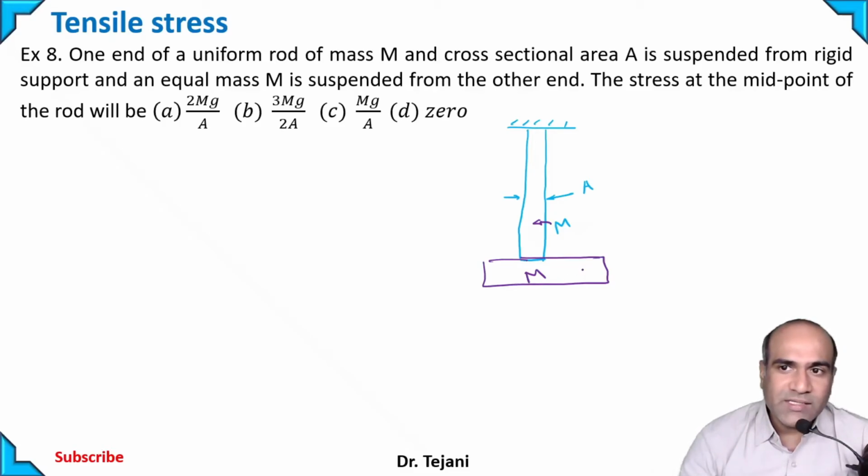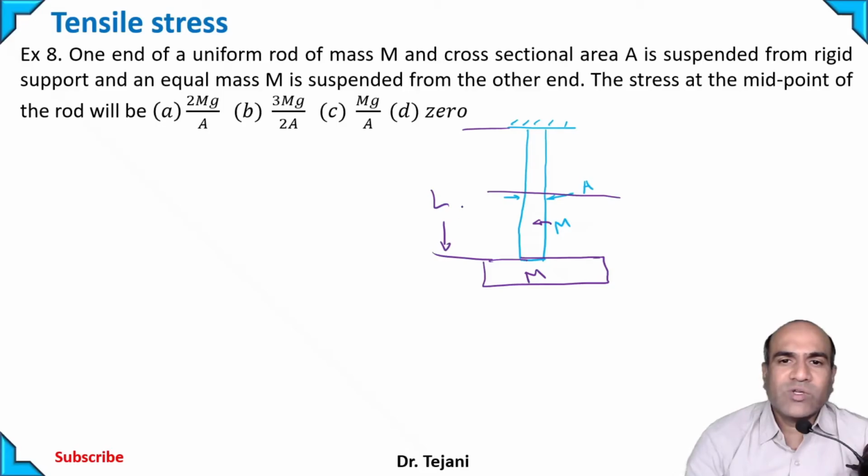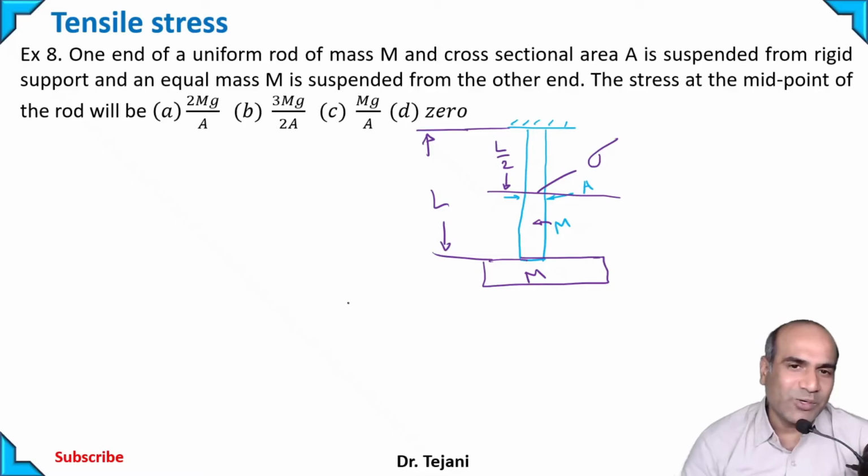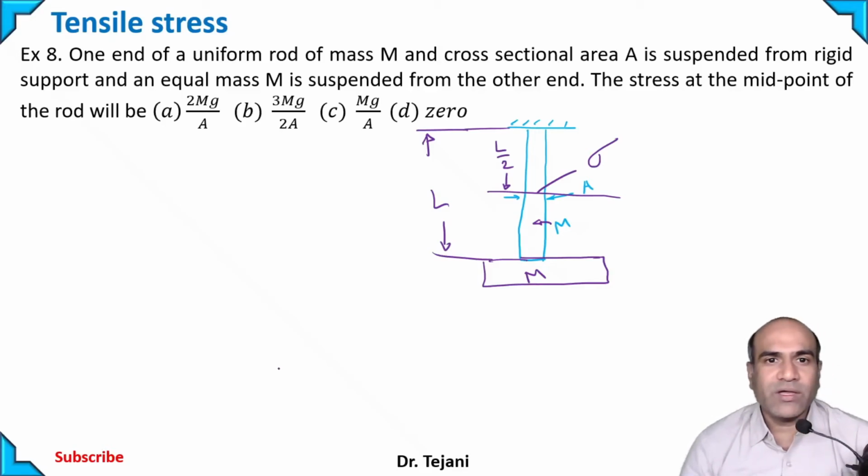The stress at the midpoint, that means the midpoint of the rod, say this has length L, so this is at L by 2 distance from the top. We need to find here stress sigma. Good question. Options are given: 2mg by A, 3mg by 2A, mg by A.